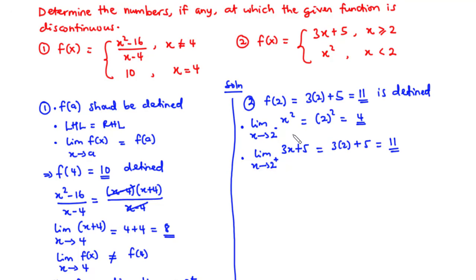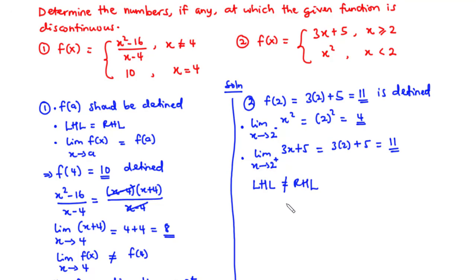So the left hand limit exists and the right hand limit also exists. However, the left hand limit, even though it exists and it is finite, is not equal to the right hand limit.